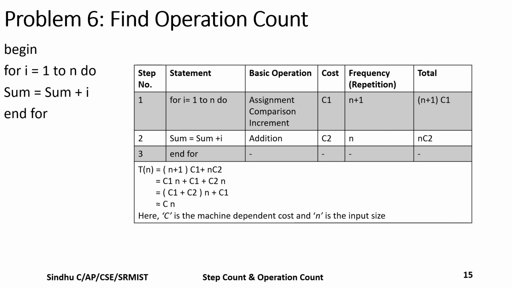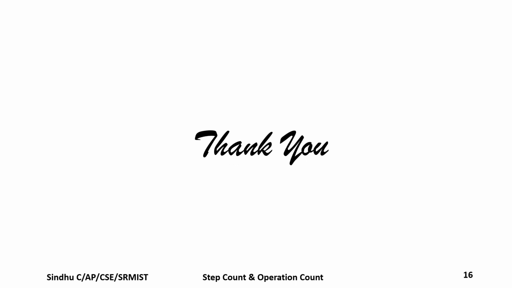Now you take n out of C1n and C2n, and finally you have a constant C1, so which is nearly equal to some constant C into n. Here C is a machine dependent cost and n is the input size. So this is how you calculate the operation count. Thank you.